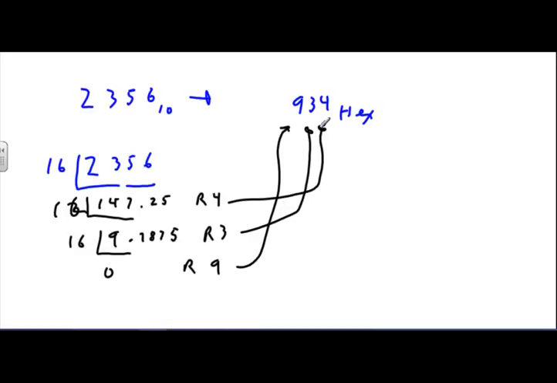Okay, let's look at a binary number: 1 0 1 0 1 1 1 1 0 1 0 1 0 0 1. The issue is, what is that in hexadecimal? So I group them in 4s this time.